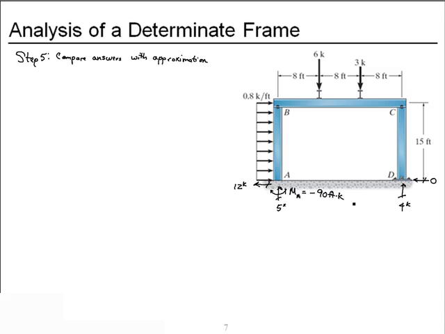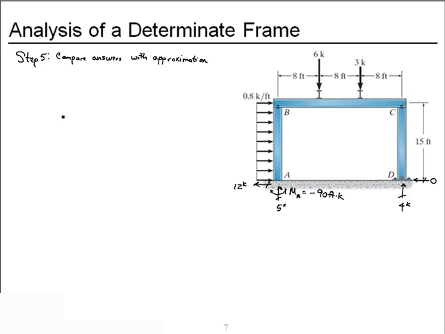So how did that compare to our approximation? Our approximation had DY at 7 3/4 kips, our AY at 1 1/4 kips, our AX at 6 kips, and our DX at 6 kips.